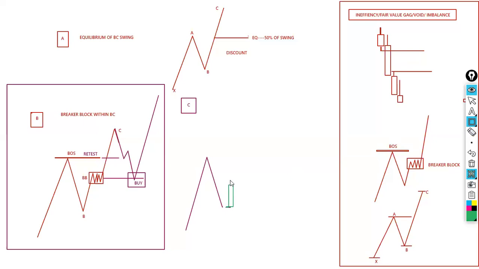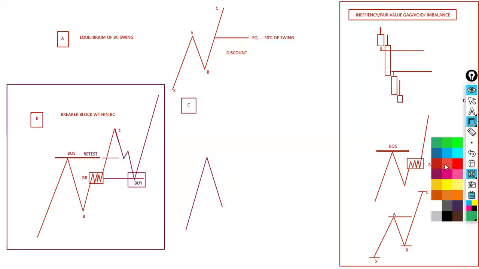So within here, we had an inefficient candle like this. Then the market, after creating that inefficient candle, possibly, it might not even be from here. It might be that this inefficient candle was created very close to the structural break. Maybe we'll have something like this.